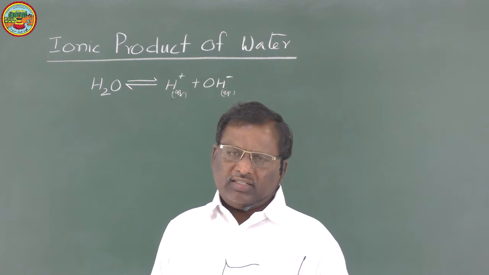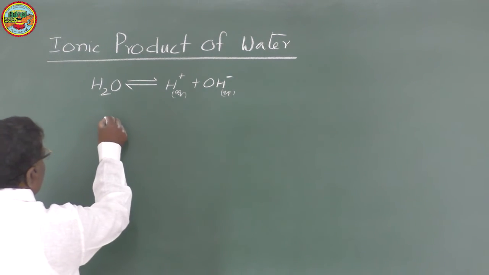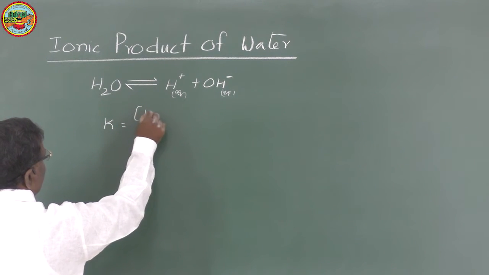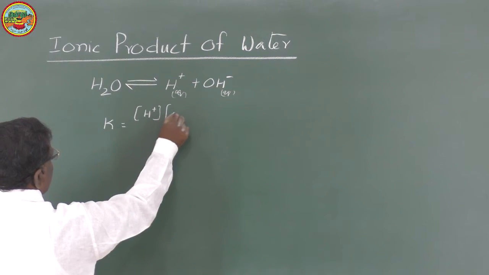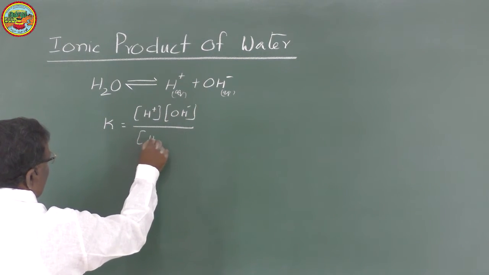If we write an equilibrium constant for this reaction, the equilibrium constant K is equal to the concentration of H+ ions into the concentration of OH- ions divided by the concentration of H2O.